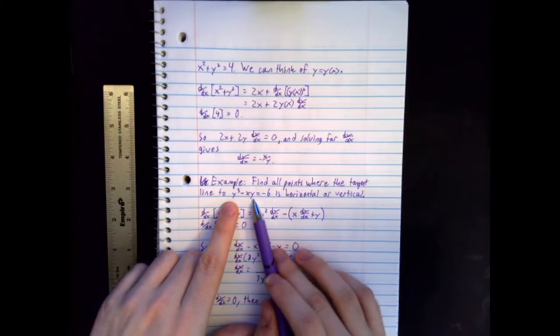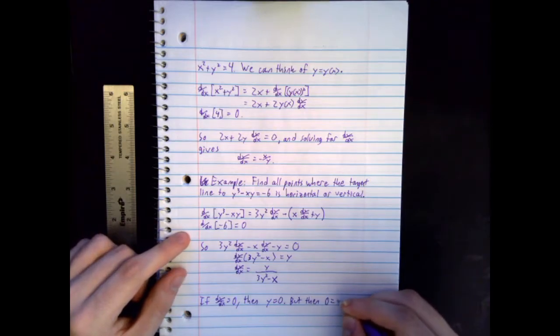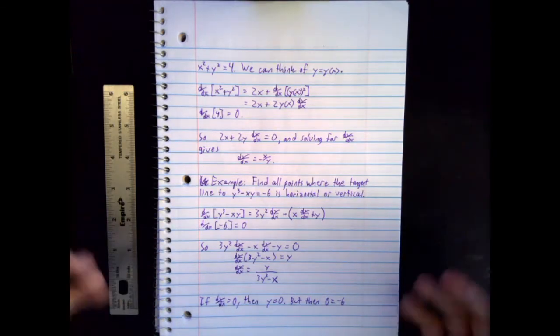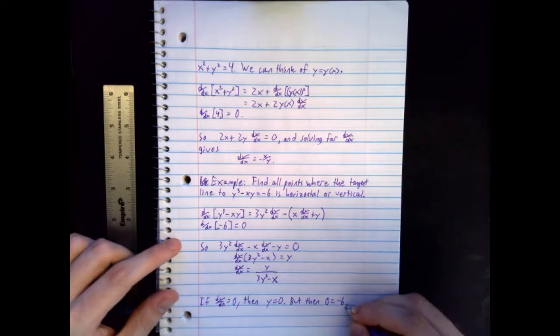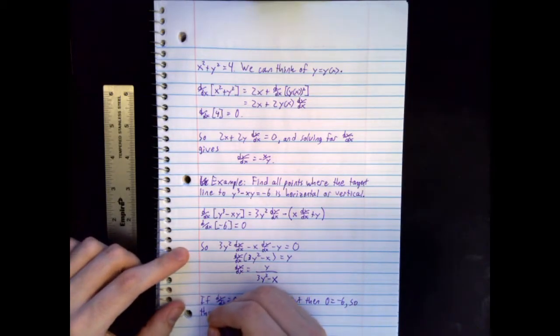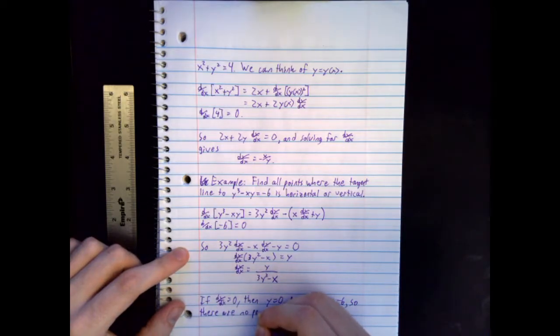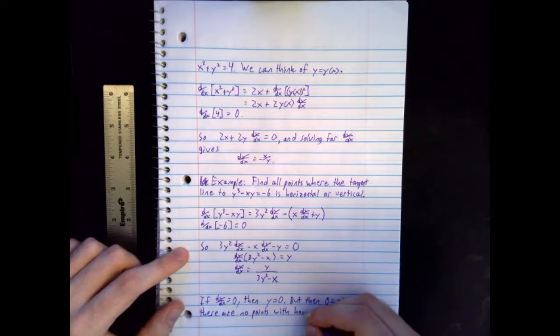And if y is equal to 0, then 0 equals -6, which doesn't happen. That's absurd. So there are no points with horizontal tangent lines.